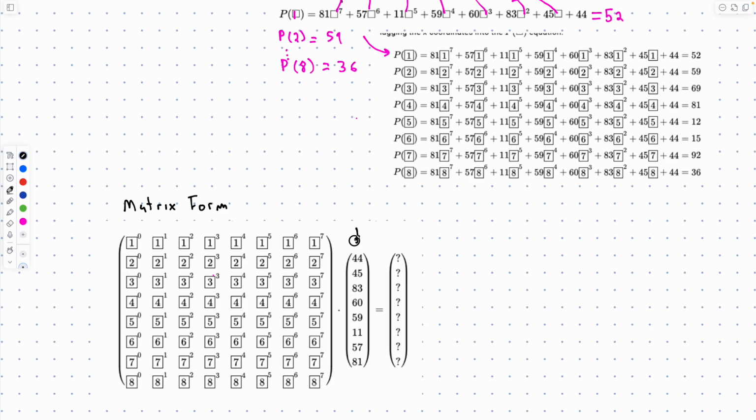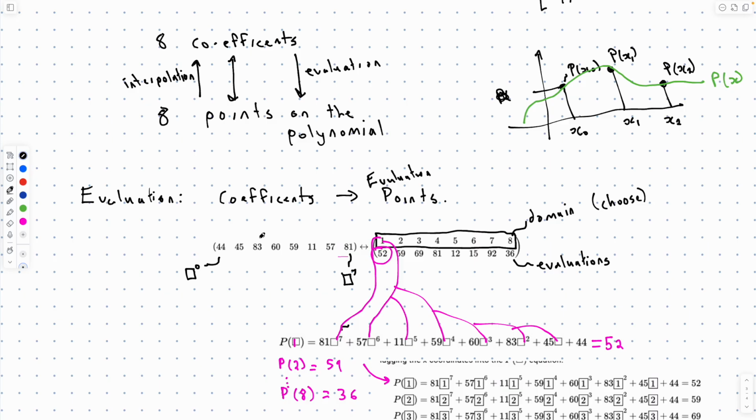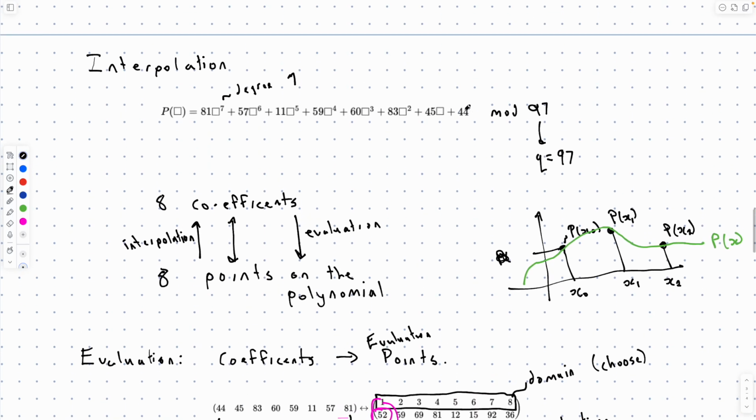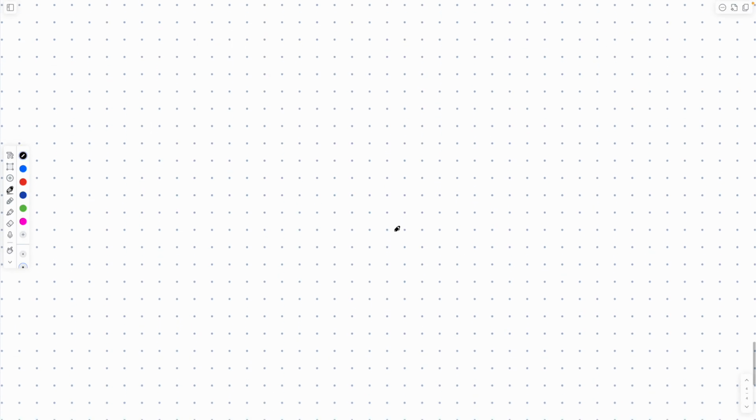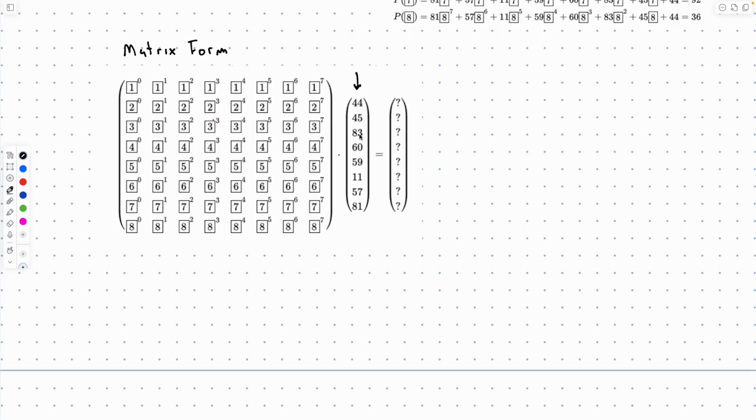So these are my coefficients, 44, 45, 83, or going back to the equation, just going from the right, 44, 45, 83, 60. So these are my coefficients.